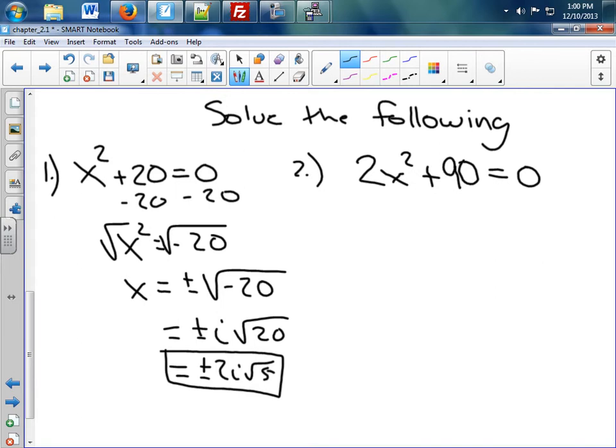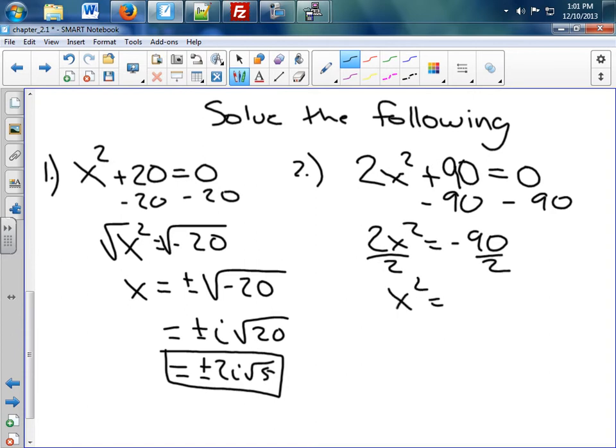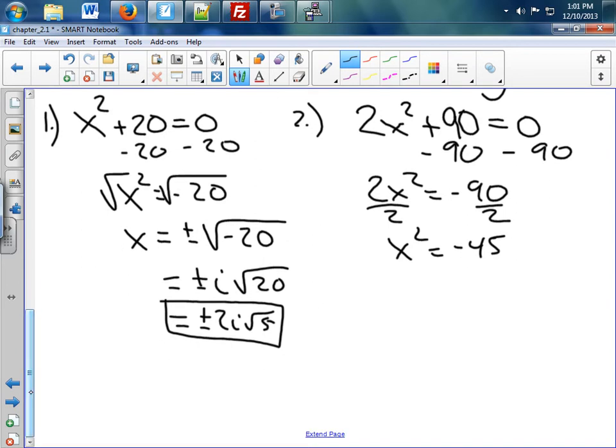Now I'm going to subtract 90. I have 2x squared equals negative 90. I'm going to divide by 2. X squared equals negative 45. Square root each side. So I have x is equal to plus or minus i square root 45.